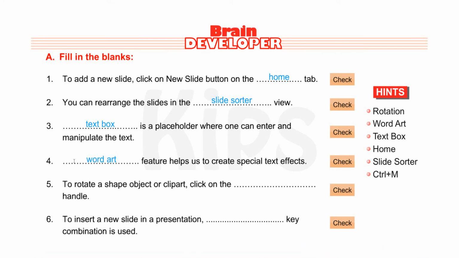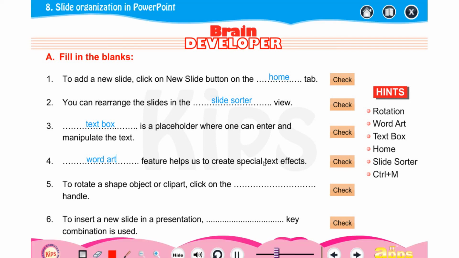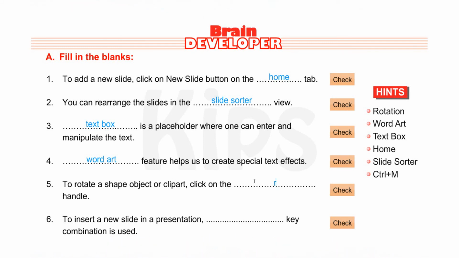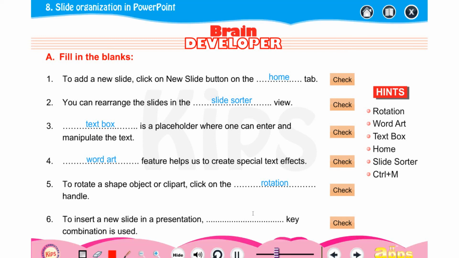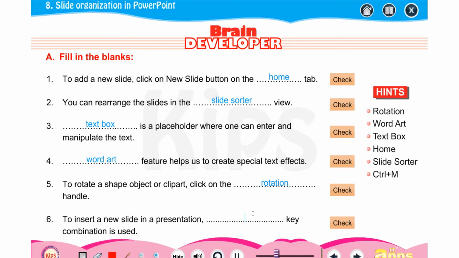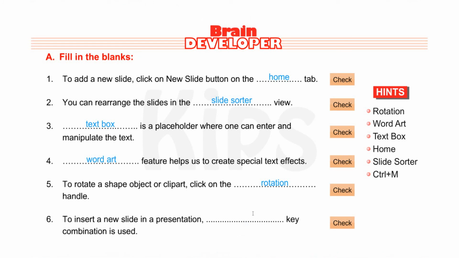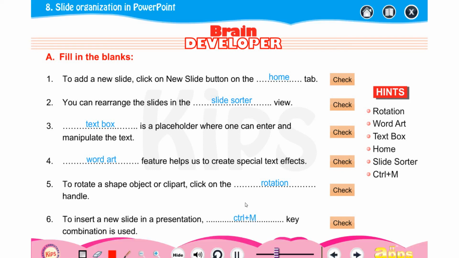Next one: to rotate a shape, object or clip art, click on the dash handle. So the answer is rotation handle. Next one: to insert a new slide in a presentation, dash key combination is used. So the answer is Control plus M key combination.